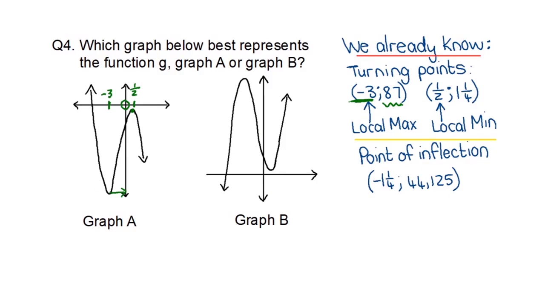So it's not here. Let's see, the x value negative 3 will be on this side. Yes, 87 can be read off here, it's positive. And even the other turning point, if that is a half, a positive 1 1/4 as the y value goes with it. So in other words, I'll conclude and say this one is the graph that will represent the g. We are going to move on to another question.